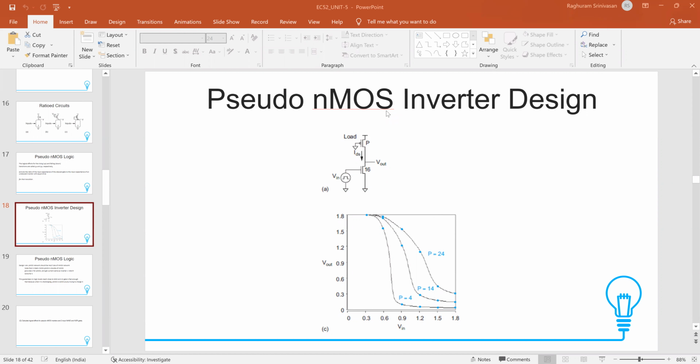So two rules are there. What are the two rules? One is the output. You can consider this PMOS as a resistor and this NMOS as a resistor. Even though we say that NMOS and PMOS are on, they are not perfect switches. They will have some amount of resistance. Only if you put a simple wire will you have zero resistance.